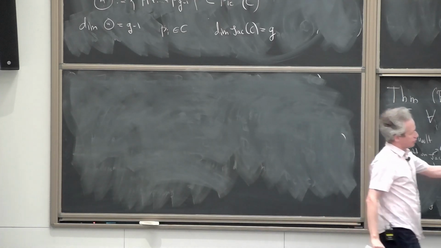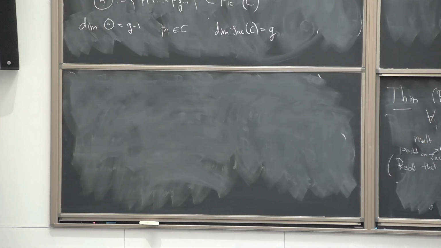So, as I said, this is a complete solution of the Schottky problem in genus 4. I know precisely what the image of the moduli of curves of genus 4 is within the moduli space of abelian varieties.